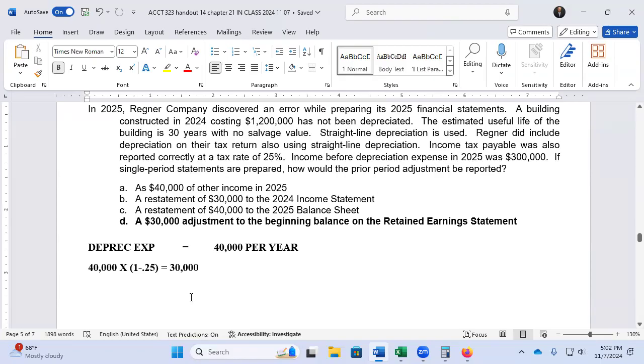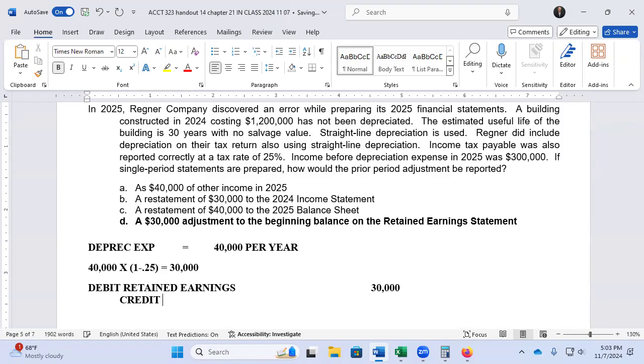So my understanding is the entry would be debit retained earnings, because this is bringing your retained earnings down because you didn't record the entry. And so this would be 30,000.